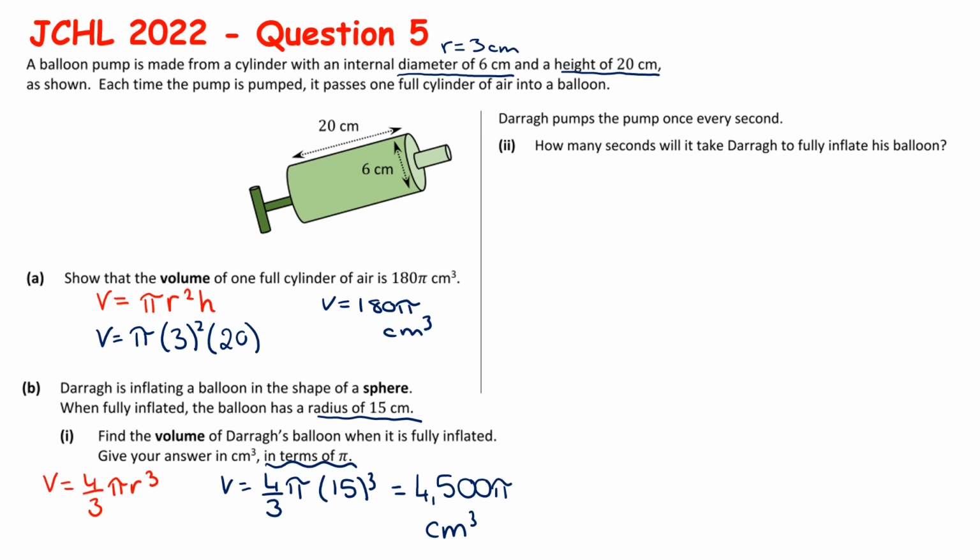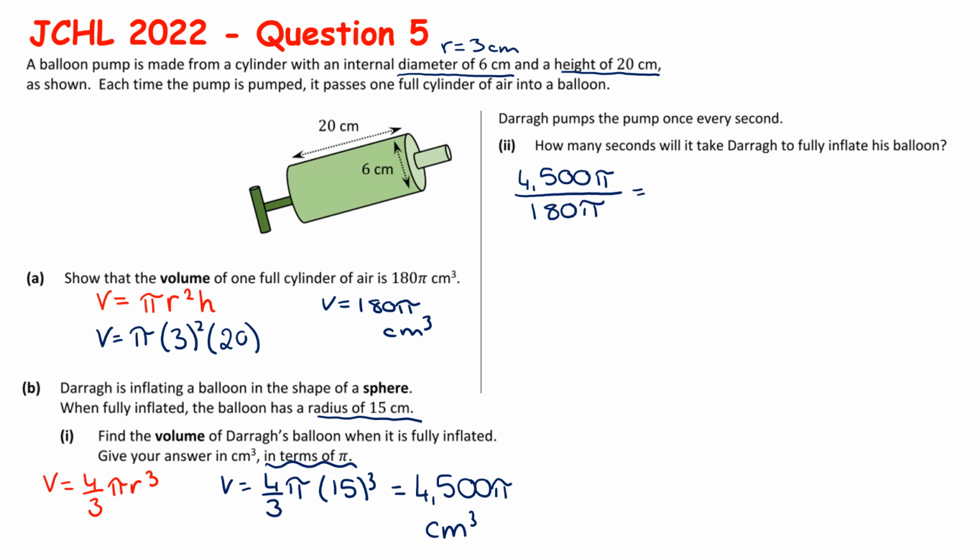And the next part is that Dara pumps the pump once every second. How many seconds will it take Dara to fully inflate the balloon? So remember that each pump will put 180 pi worth of air into the balloon. The balloon's volume is 4,500 pi. So what we're going to do is take our 4,500 pi and see how many 180 pi's exist in that.